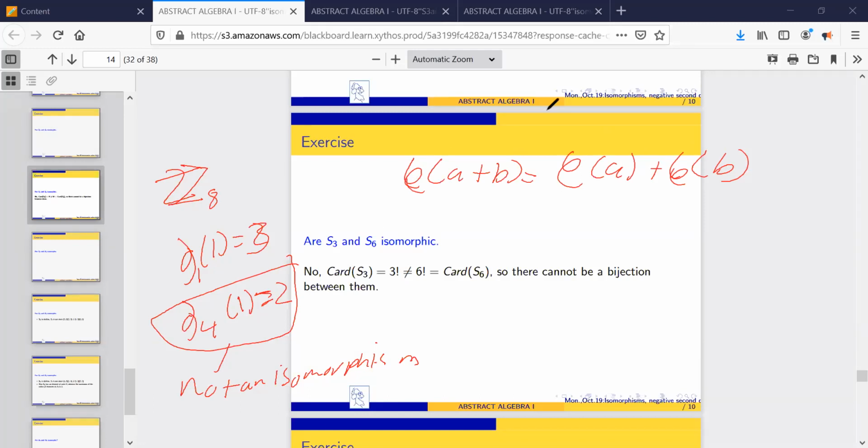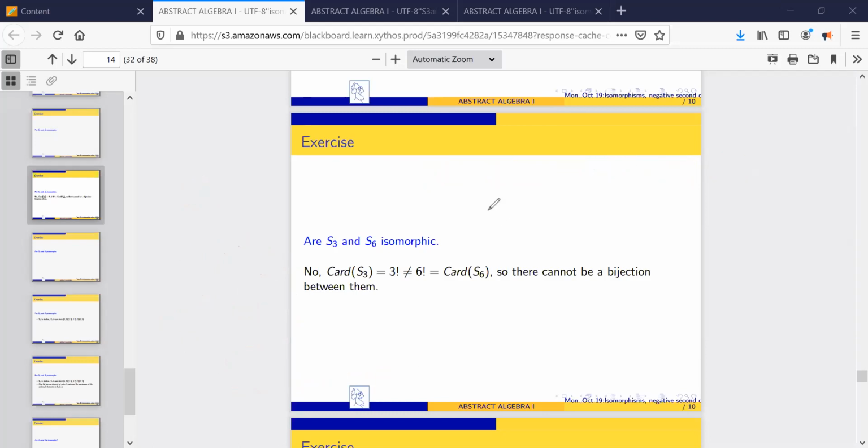Someone give me the actual formal definition of an isomorphism. Then it has to be a bijection and also follow the homomorphism property.